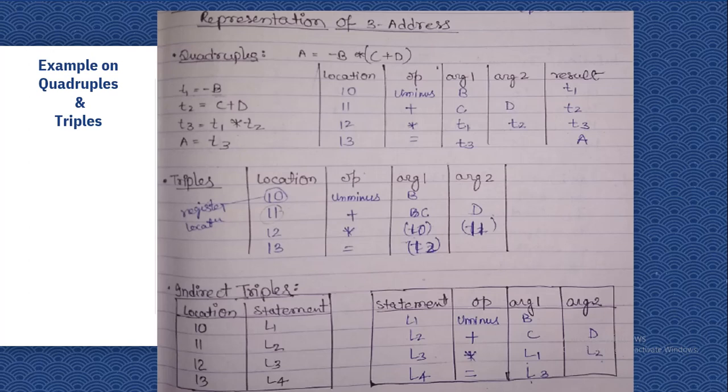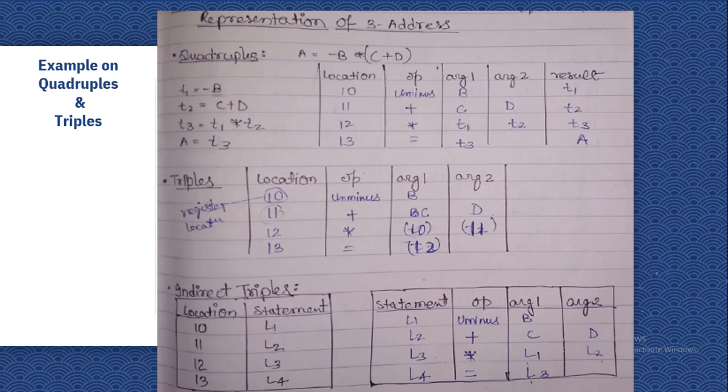That is one theory question, and based on that theory question, maybe there is an expression like a equal minus b cross c plus d, and you have to solve that. You have to show it in the form of quadruples, triples, and indirect triples.